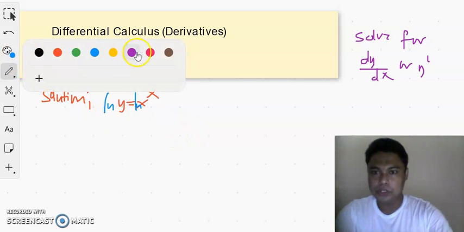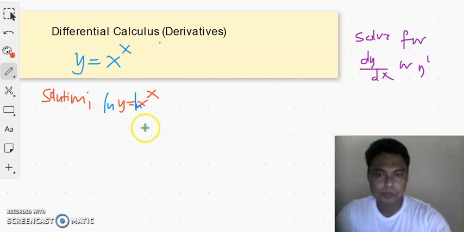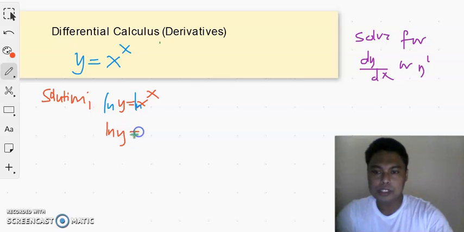The equation looks like this: ln y equals x ln x.